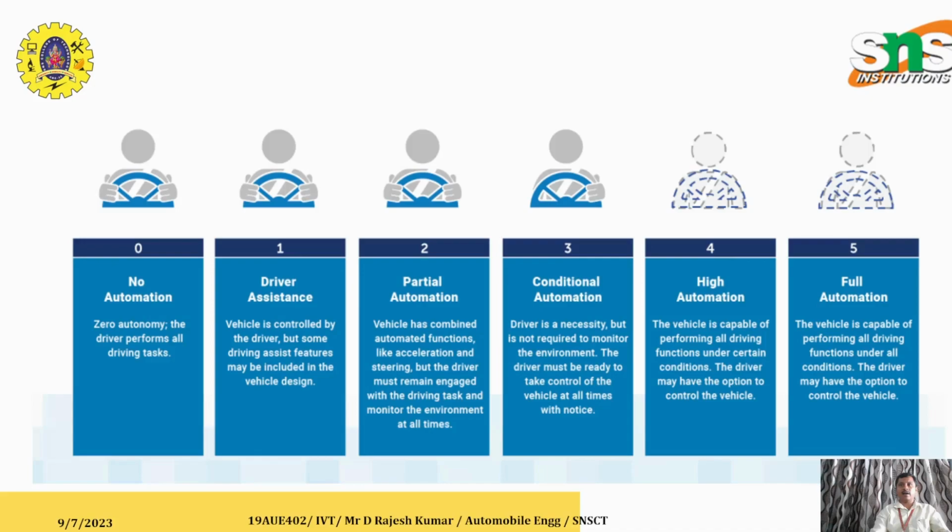So in the zeroth level, first level, second level, and third level, the driver is primarily required. Whereas in the high automation level and full automation level, the driver is not required. Only a passenger is sufficient to travel in the vehicle.